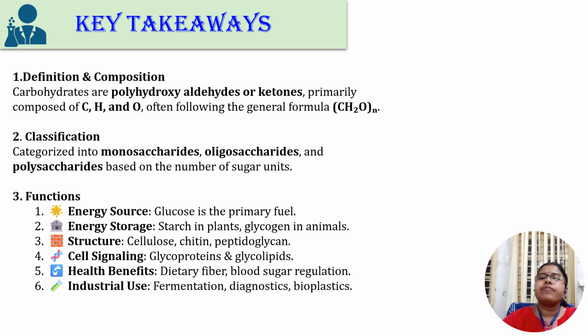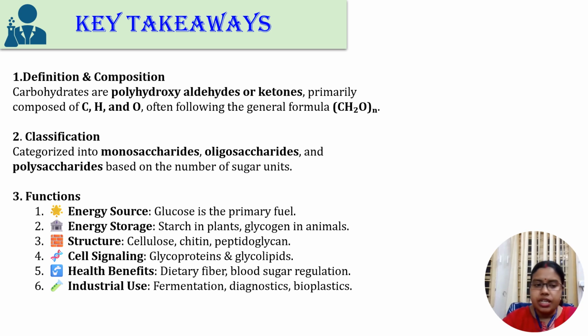But if in the carbohydrate formula the hydrogen to oxygen ratio is 2:1, then we can say this carbohydrate is a carbon hydrate. But many carbohydrate molecules do not satisfy the H:O ratio of 2:1. So we can generally say that carbohydrates are polyhydroxyaldehydes or ketones, or compounds which after hydrolysis will give polyhydroxyaldehydes or ketones.